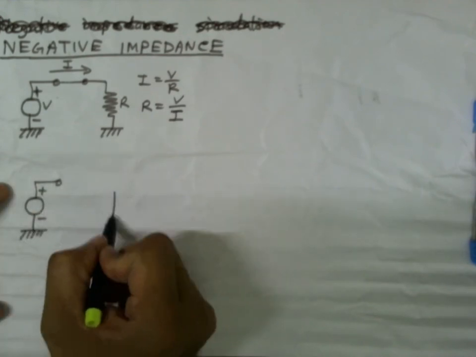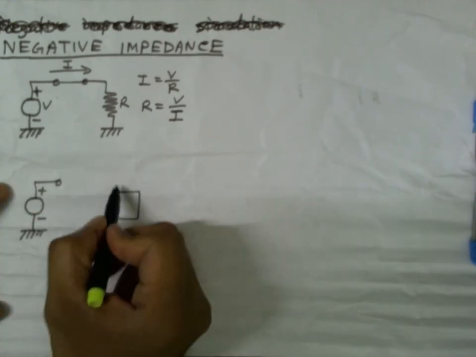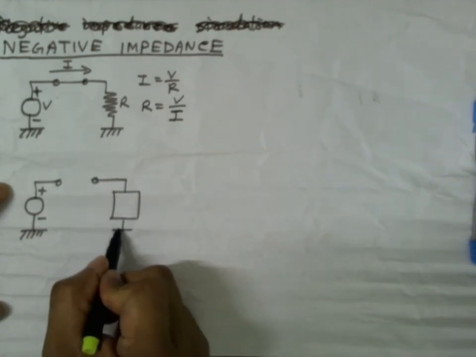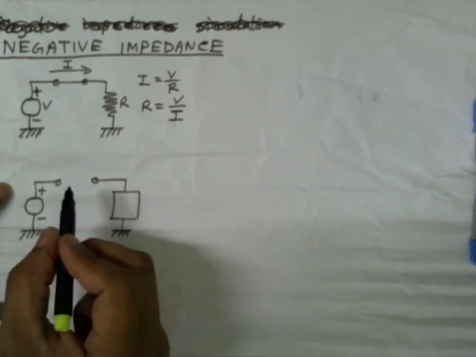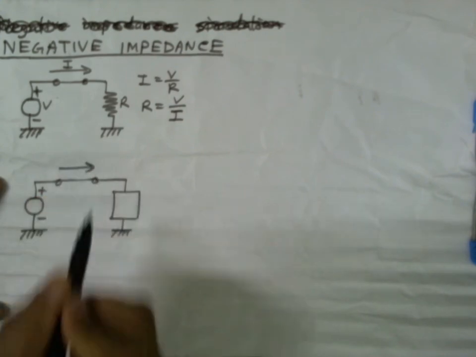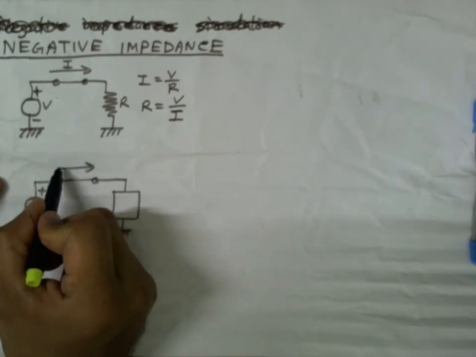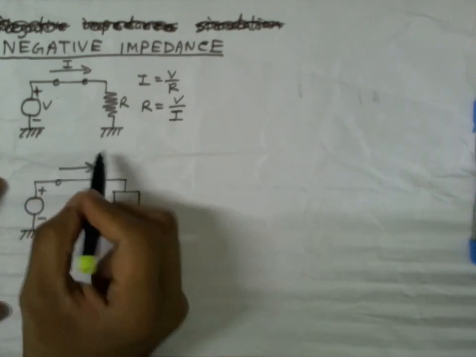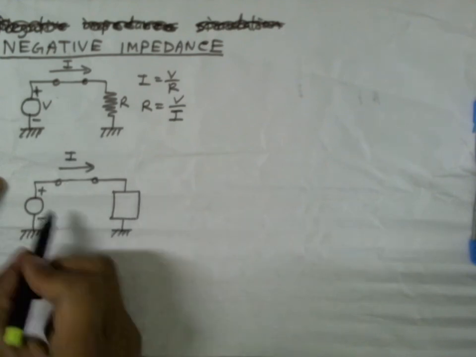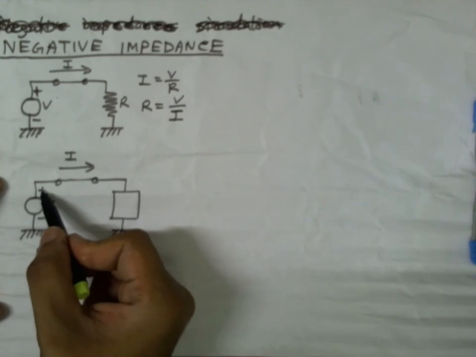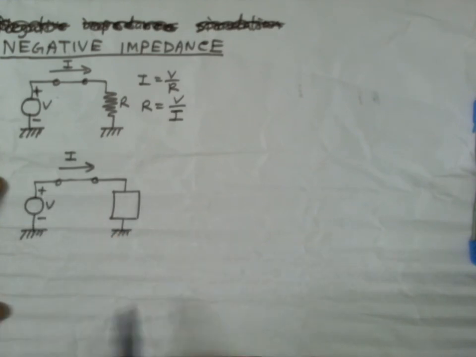Let me have some arrangement, I don't know how to make it, but say it has a terminal, and another terminal which is grounded, and when I connect these two terminals, let me choose the direction for current in this branch from left to right. V is said to be positive when the upper terminal is at a higher potential than the lower terminal. So these are my conventions.